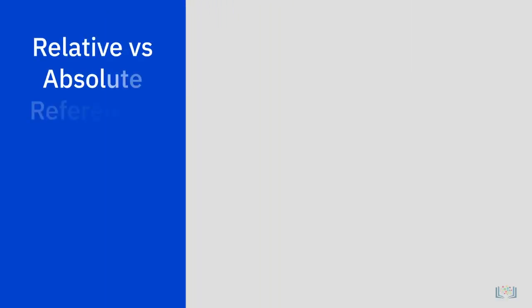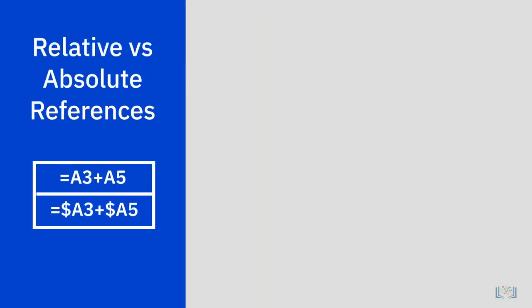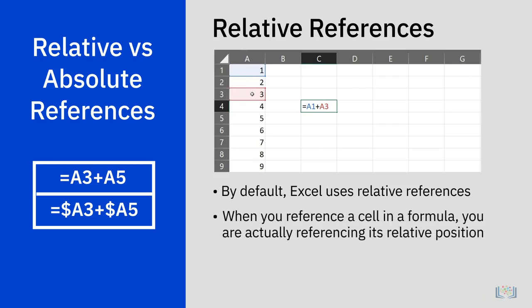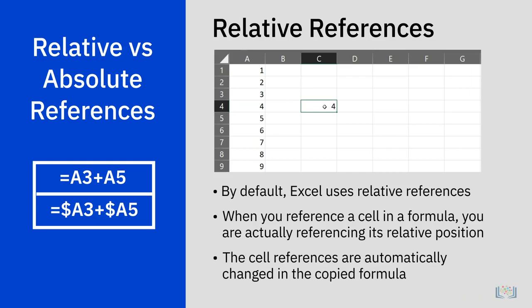It's important to understand the difference between relative and absolute references when creating your formulas. By default, in Excel, cell references are always relative references. The term relative is the key here because it means that when you reference a cell, you are in fact referencing the cell's position in relation to the cell that the formula is in.